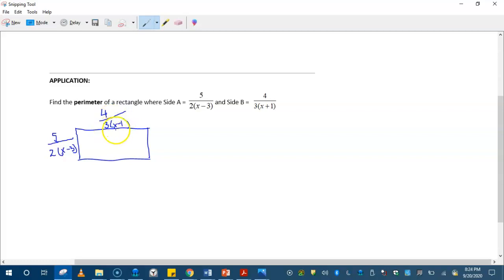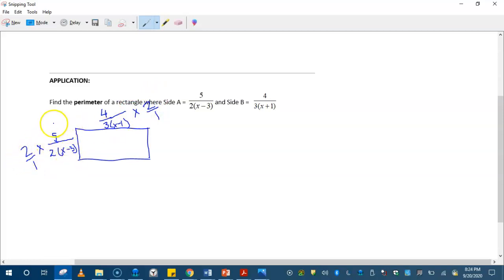Now here's the thing. If I'm talking about the perimeter of this, I'm talking about both of these times 2, okay? So that means that I have to multiply both of these by 2, which I'm going to do. And remember, we multiply fractions straight across.